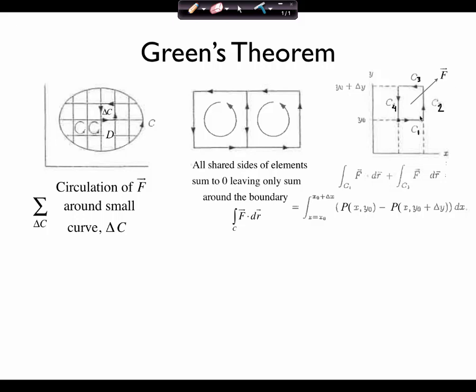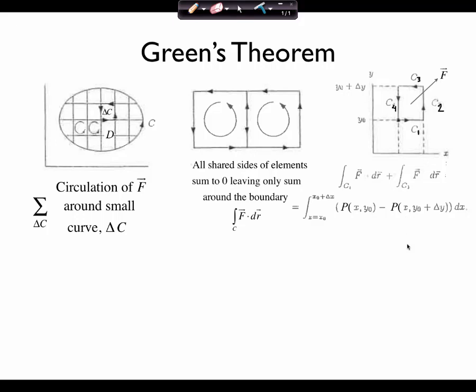And so I'm going to add, that's C1 right there. And then C3 is going to be minus, because it's going backwards, so I take the opposite of P at x and y naught plus delta y, so up at this level here.